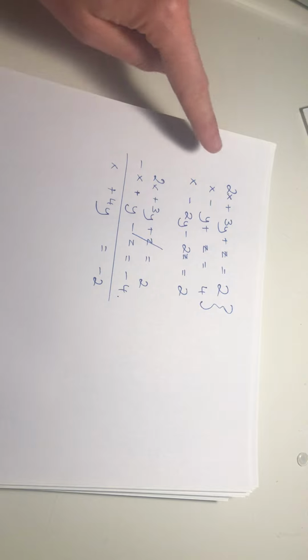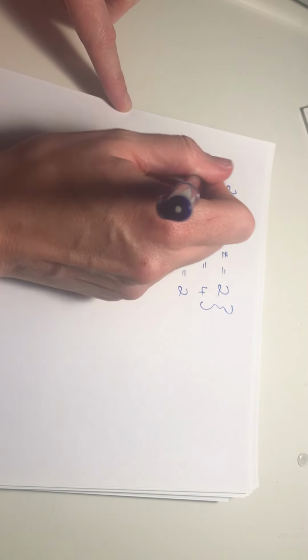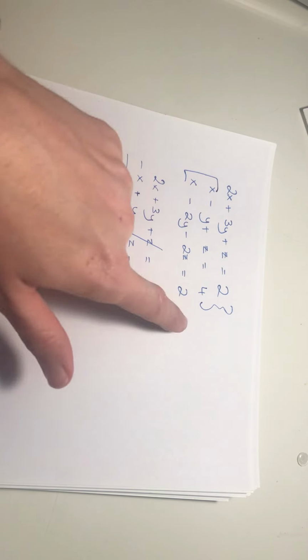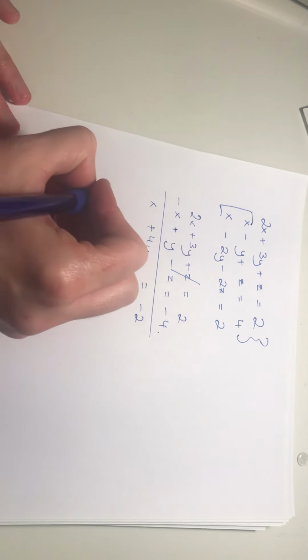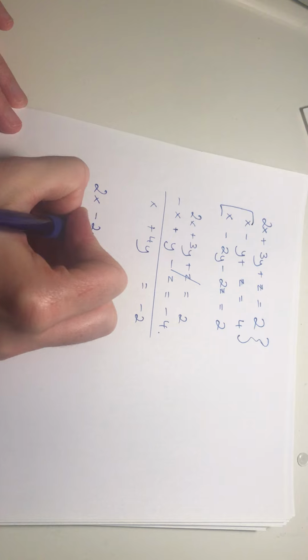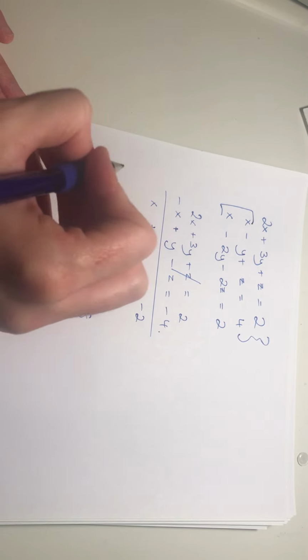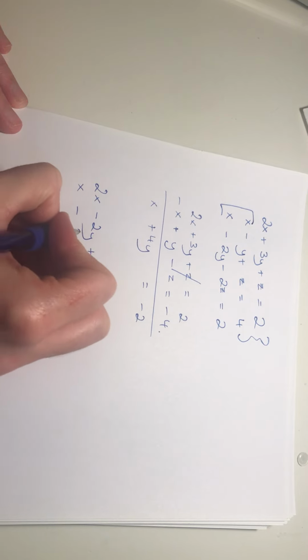And now I am going to take these two lines and again get rid of the z's. So I'm going to multiply the top line by 2 and leave the second one just as it is.